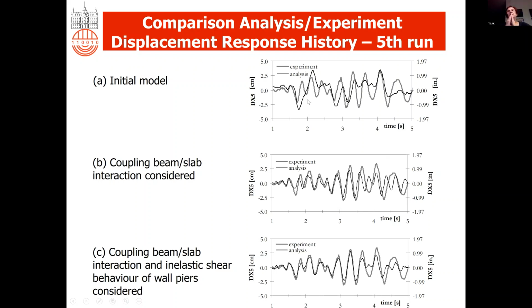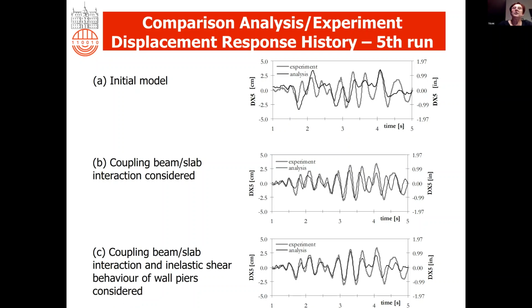Because we didn't have a proper model of the coupling beams. In the model, we got very significant damage of the coupling beams, and because of that, the coupling of the piers was lower than in the experiment, and the period of the structure much longer.